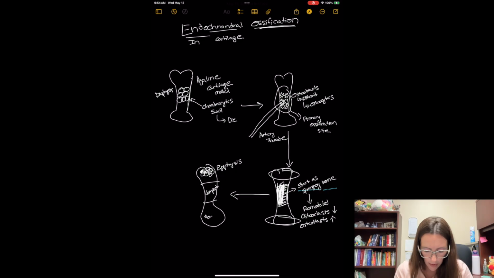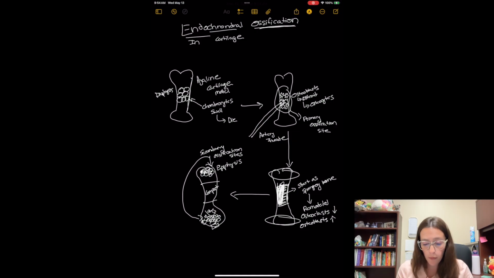So we've got our chondrocytes, they're going to swell and die, and they're going to be replaced with osteoblasts. And we refer to this as our secondary ossification sites. So we see them here and here.